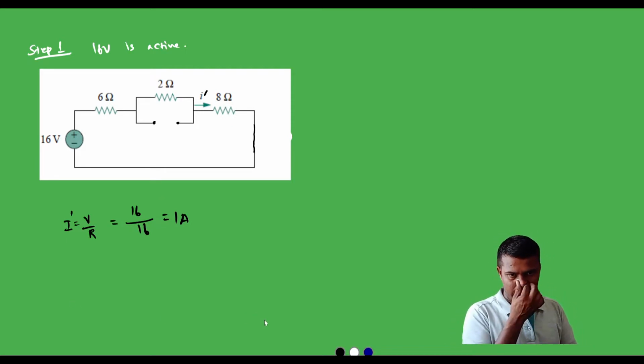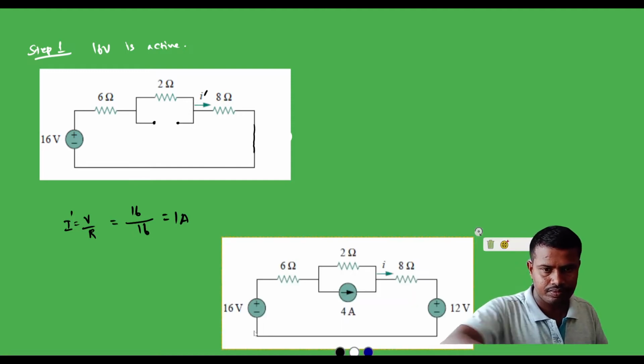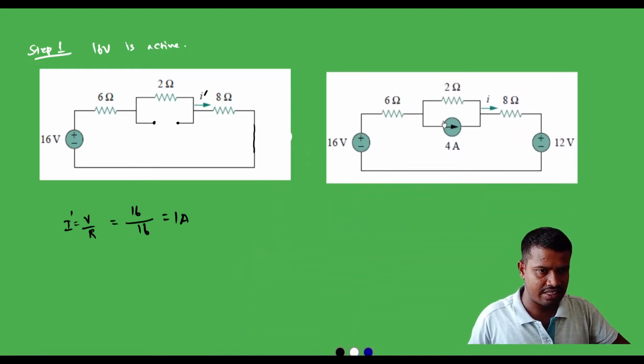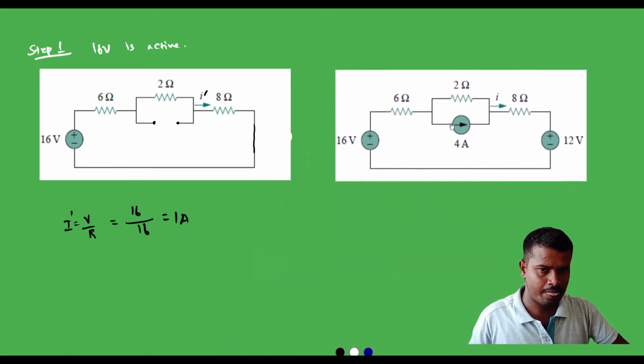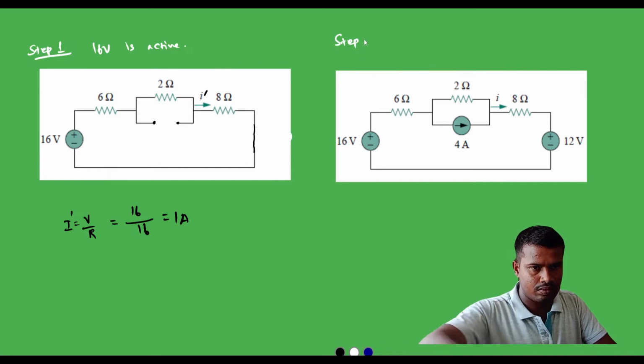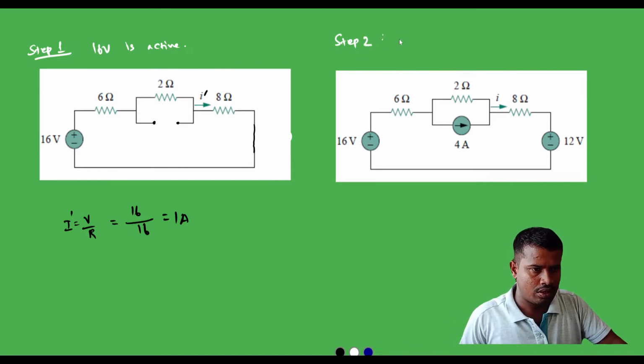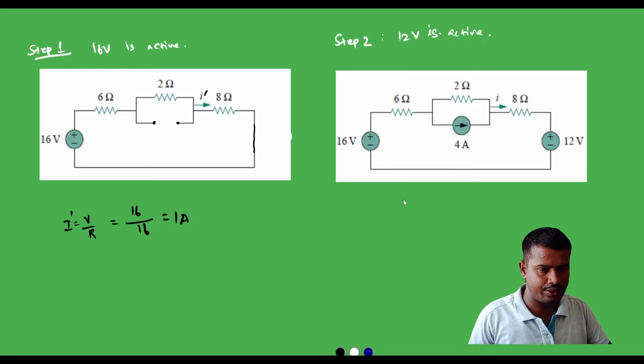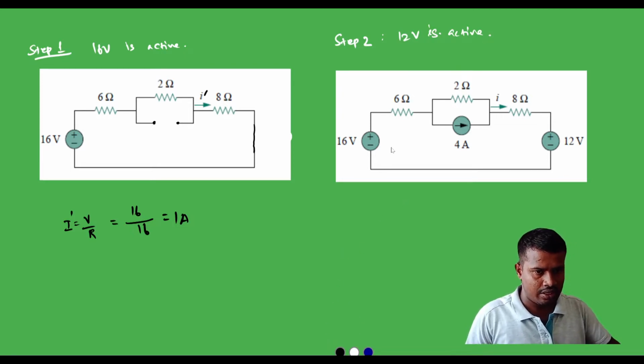Fine. At the next step, as step 2, the 12-volt source is active. When the 12-volt source is active, we need to turn off the current source and the other voltage source.